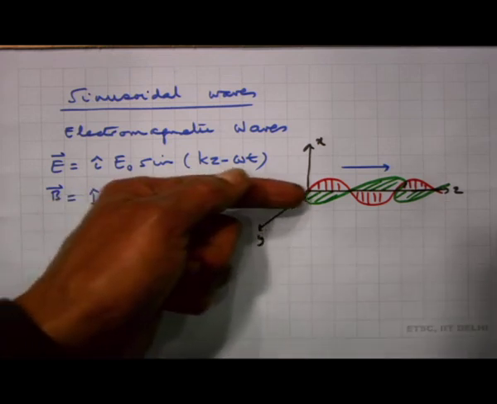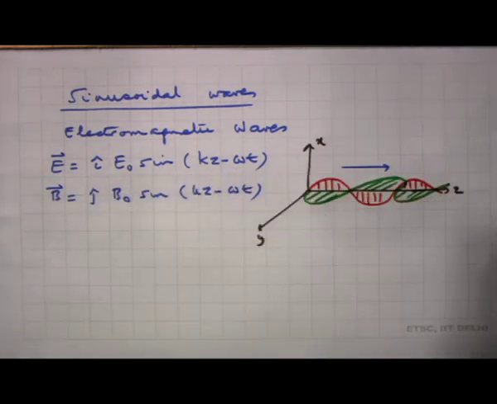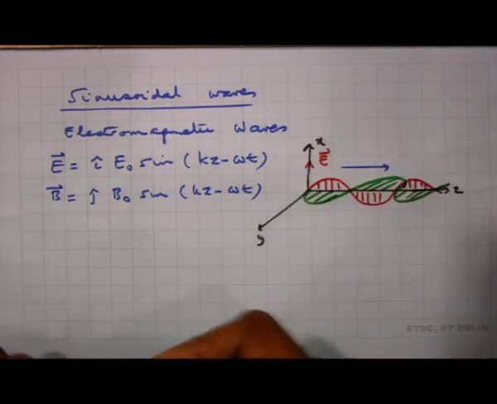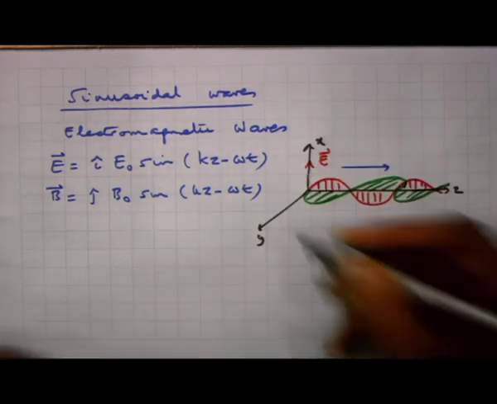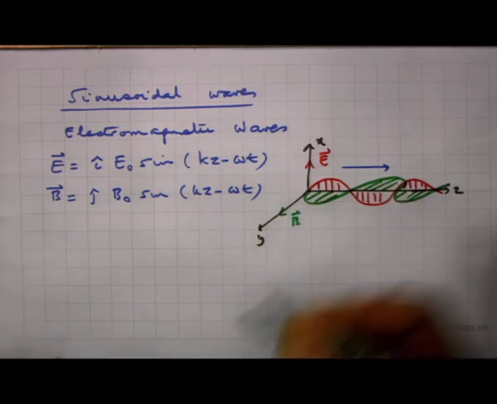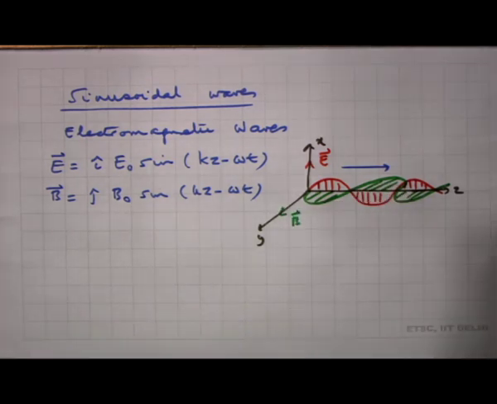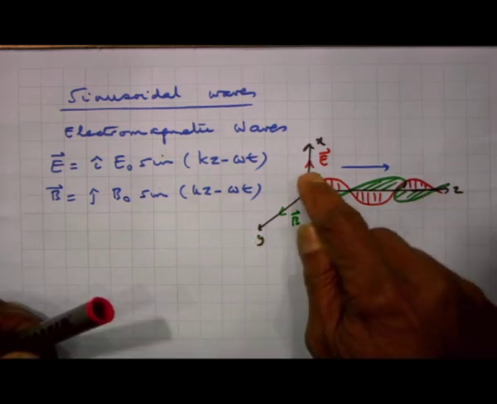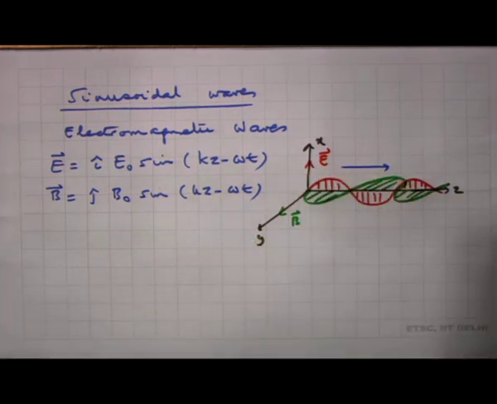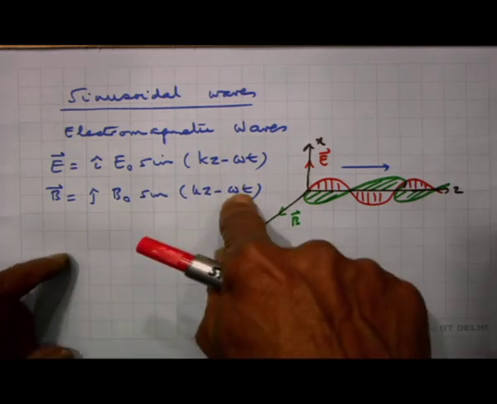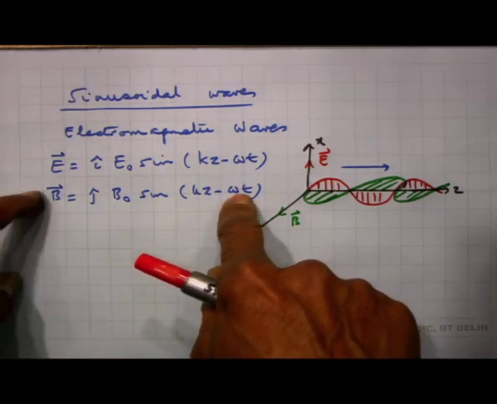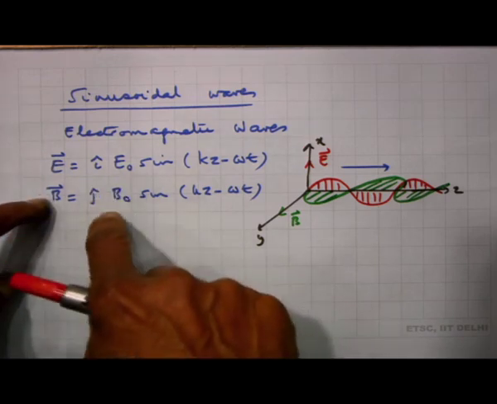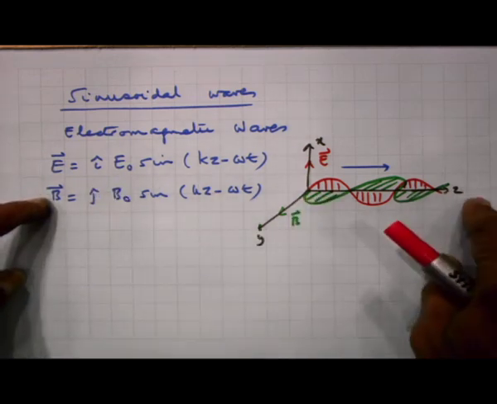The electric field is in the x-z plane, the magnetic field is in the y-z plane. They are in phase, they are perpendicular to each other, and E cross B is nothing but i cross j, which is along the k cap direction, which is the propagation direction.